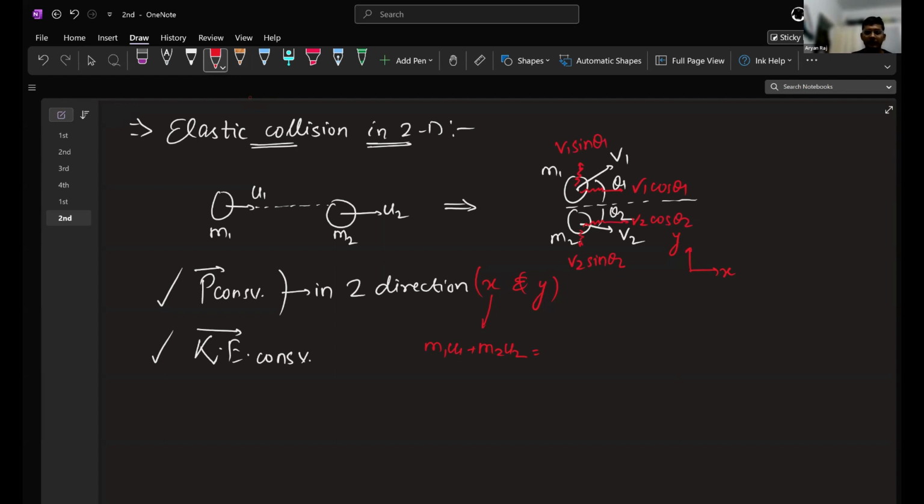Now tell me, what would be the final momentum in the x direction? m1 V1 cos theta 1 plus m2 V2 cos theta 2. Right? Yeah, this will be our first equation. In the y direction, if we are applying, the initial momentum in the y direction is what?